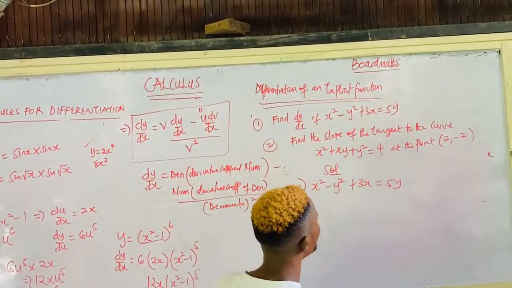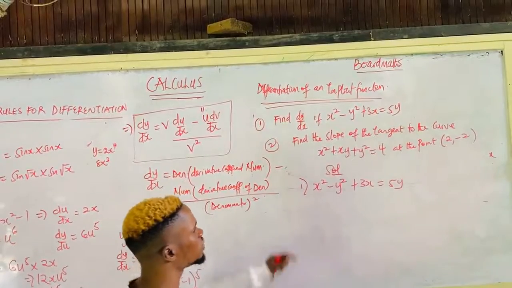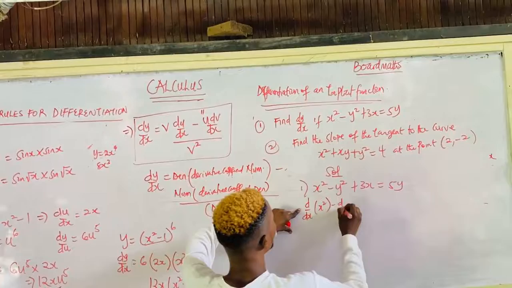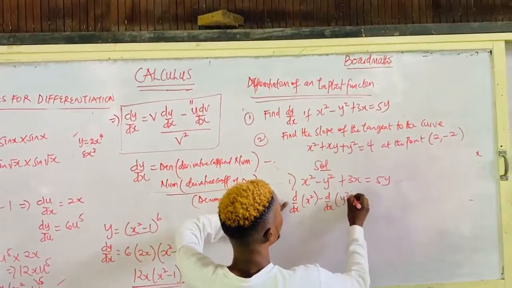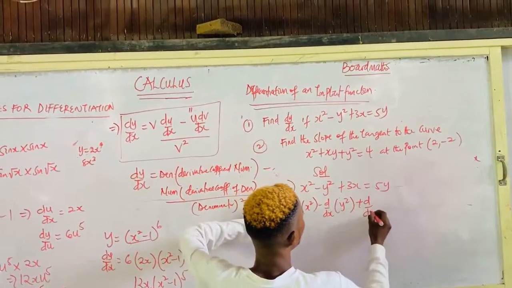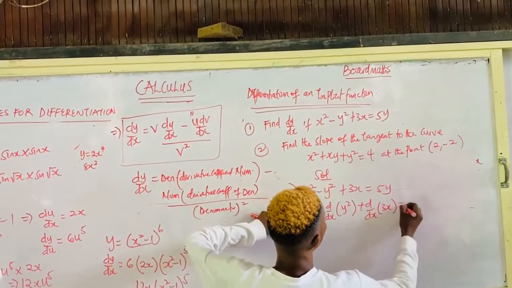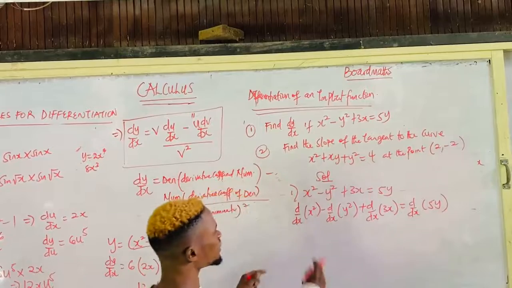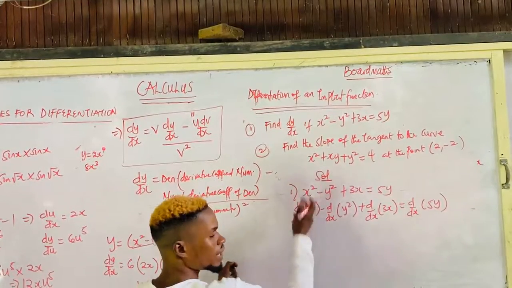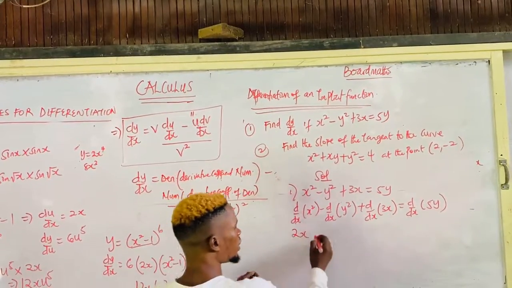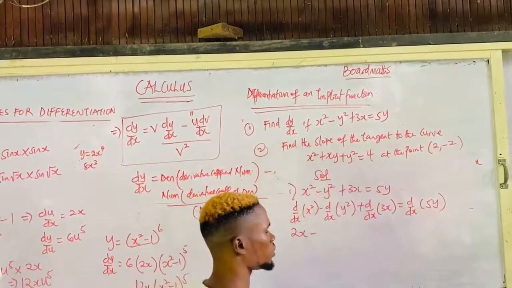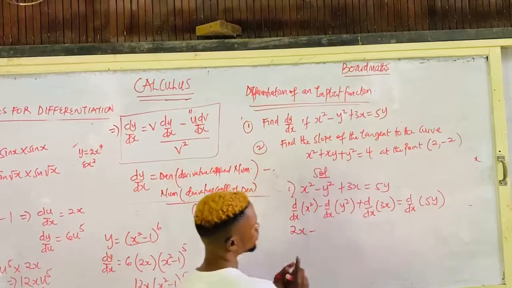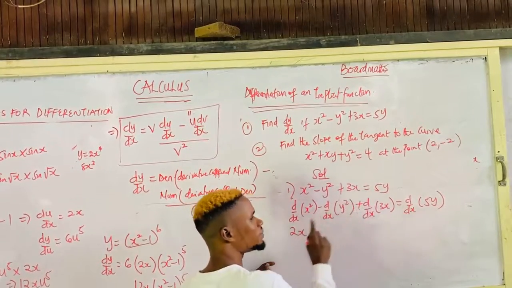So how do you find the derivative coefficient dy/dx? That means you have to differentiate this with respect to x, differentiate this with respect to x, differentiate this with respect to x, and differentiate this with respect to x. So how do you differentiate this with respect to x? x squared, that's 2x. Minus, now this is y squared. But we have to differentiate with respect to x. That's implicit differentiation.